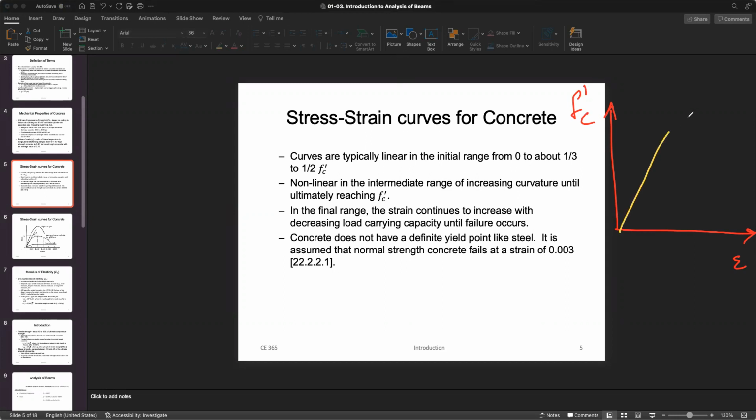As we discussed, it is something like this. So this is your F prime C, the ultimate strength, the highest strength. By this, I'm trying to say that it is sigma, the compressive stress.